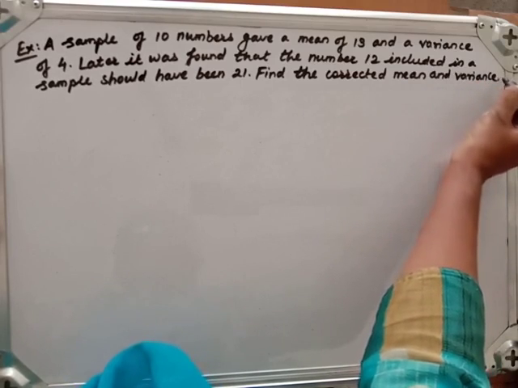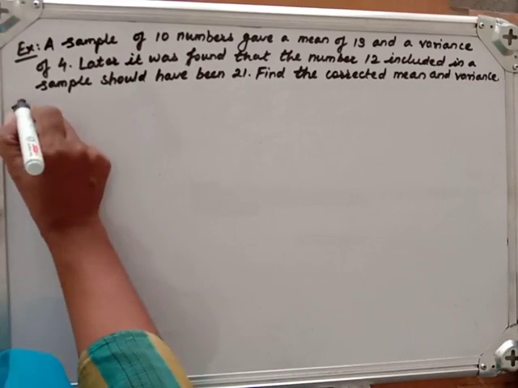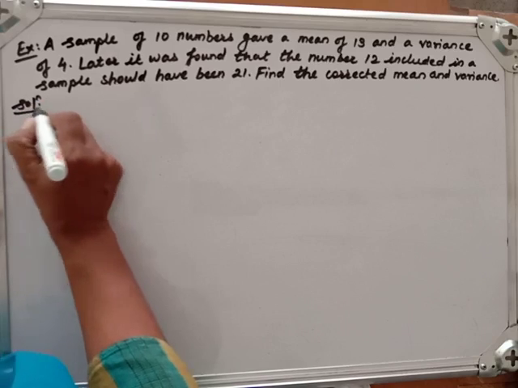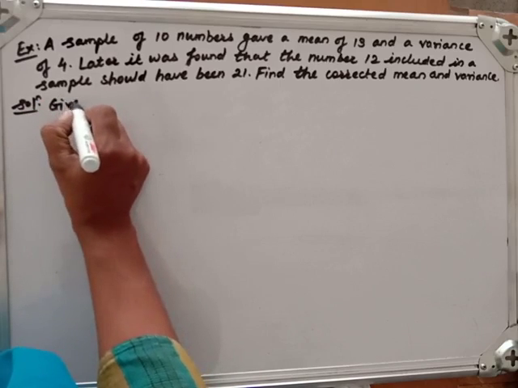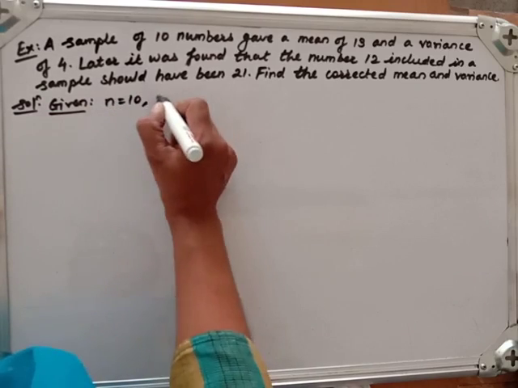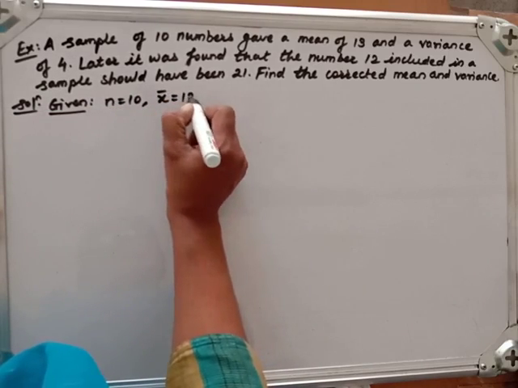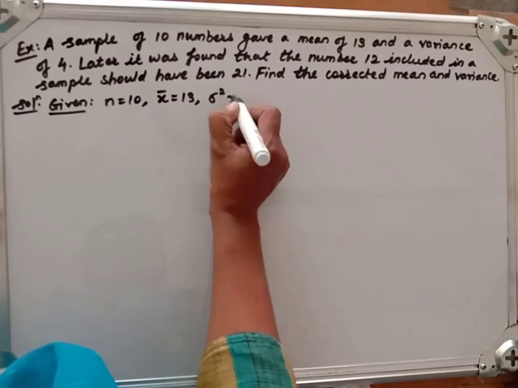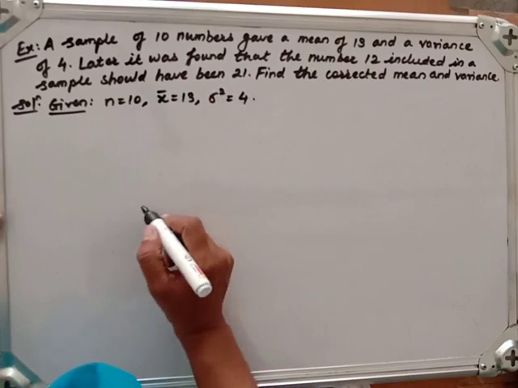This is the question. So what is given to us? n is equal to 10, x bar is equal to 13, and variance is 4.